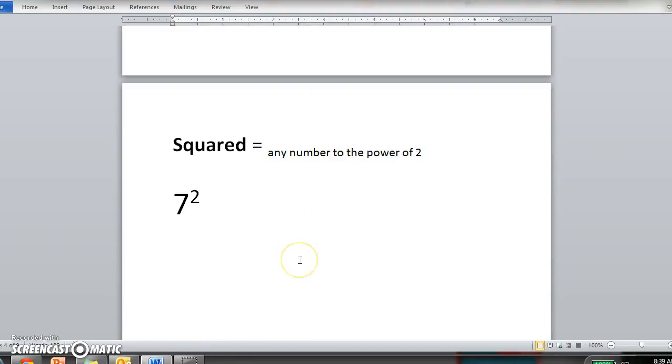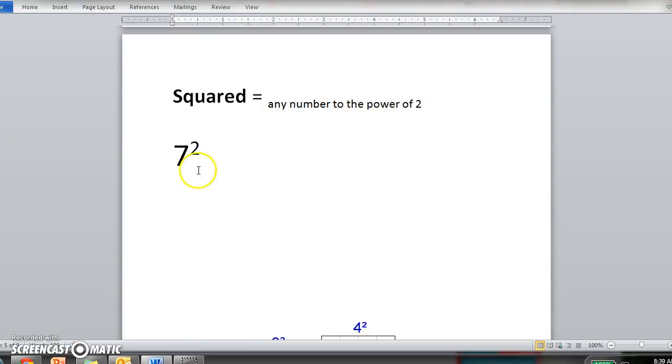So we have one that's squared. Squared is any number to the power of 2 instead of 3. So this would be 7 times 7. So any number multiplied by itself with the power of 2 is called squared.